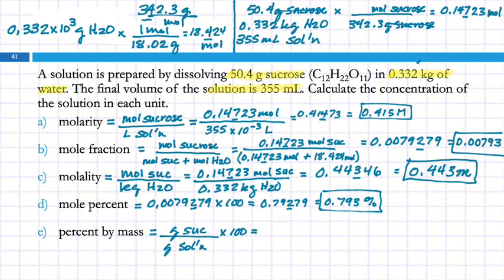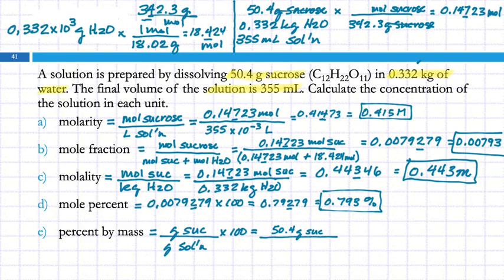Well, they gave us the mass of sucrose, 50.4 grams of sucrose. What's the mass of the solution? There's two parts to the solution, right? The sucrose and the water. We have masses for both.